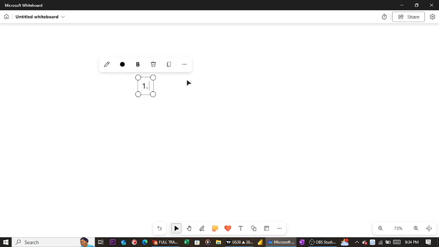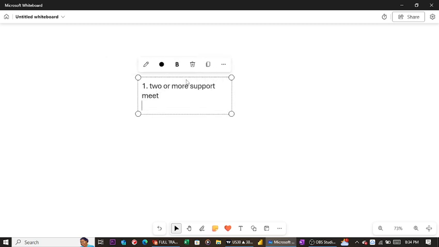The first tip you put in place is that you're definitely looking for where two or more supports meet. The more the supports or the resistance, the stronger the zone. So the first thing you're always going to be looking out for is the strongest zone in what you're doing.